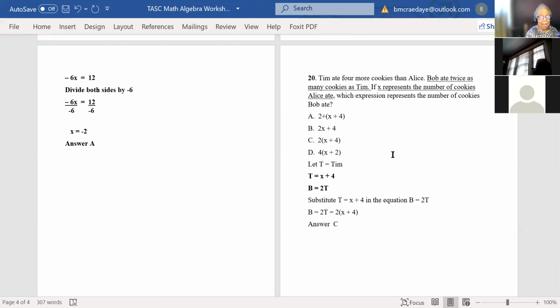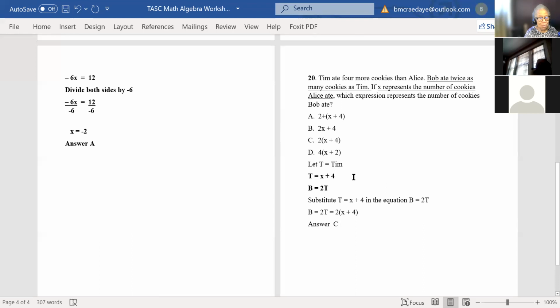Actually, I gave everybody the translating of the words to the math. 4 more than is 4 added to X, where X represents the number of cookies Alice ate. Bob twice as many means 2 times as many as Tim.